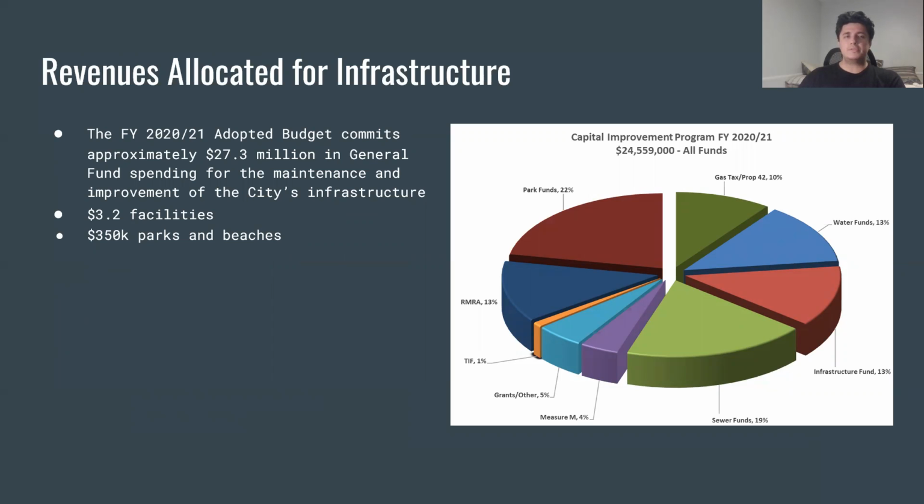For infrastructure, the budget commits approximately $27.3 million in general fund spending for the maintenance and improvement of the city's infrastructure. That means that $3.4 million goes into the facilities, $350,000 goes to parks and beaches.